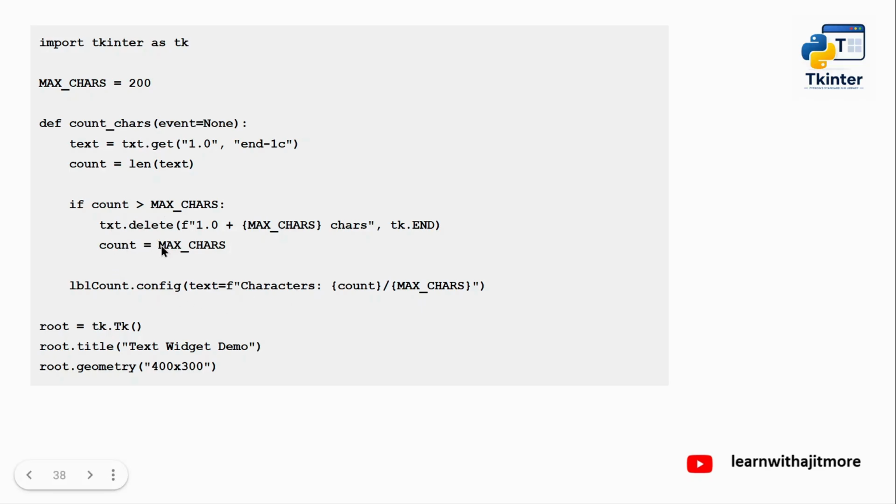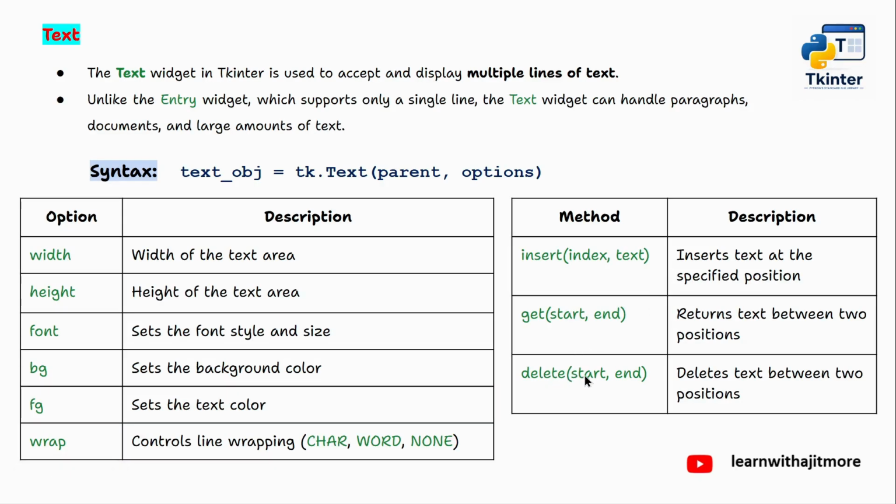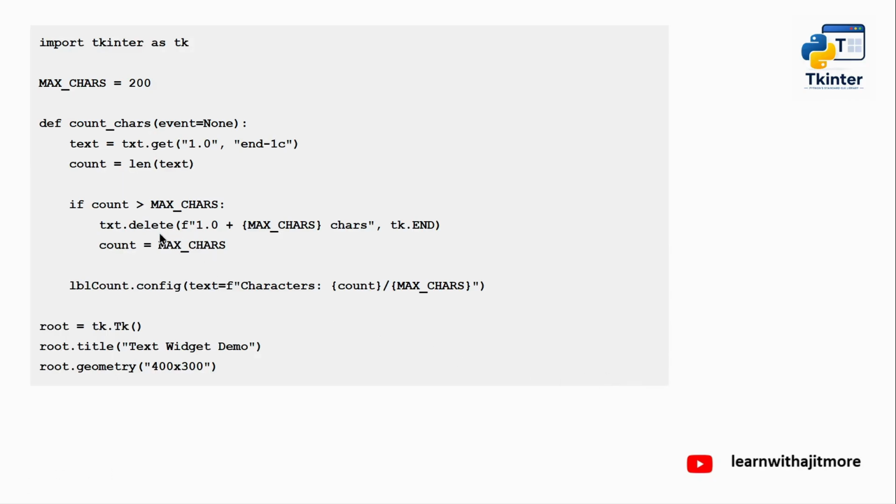Delete also I have taught you. See here, for delete you have to give the start position and the end position. So we are telling it to delete all the extra after max. After the max character, whatever extra characters are there, please delete. But it will do this only when your count is more than max char.